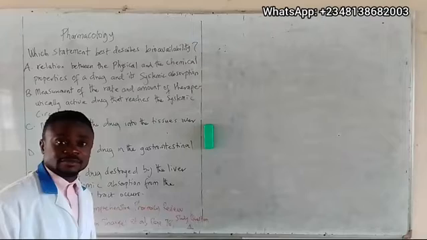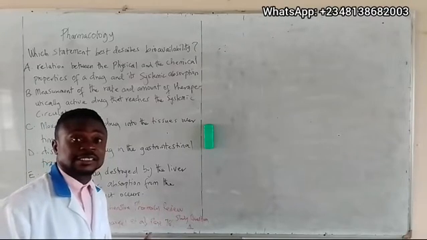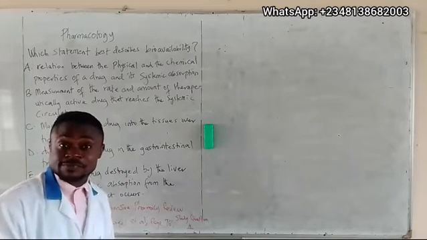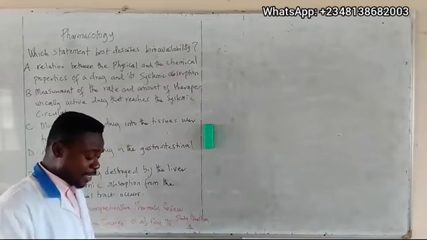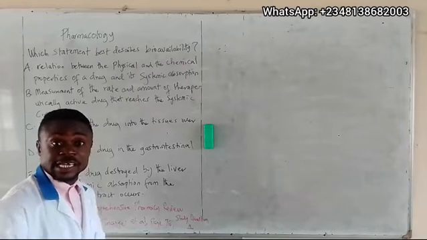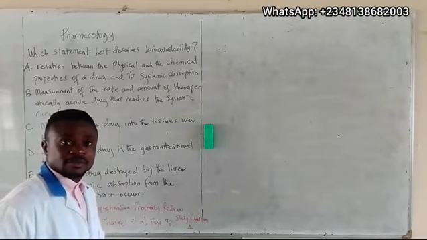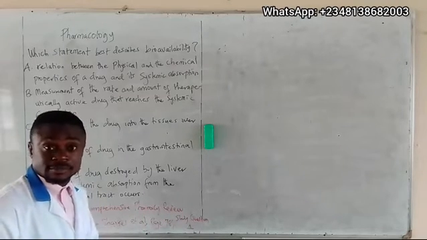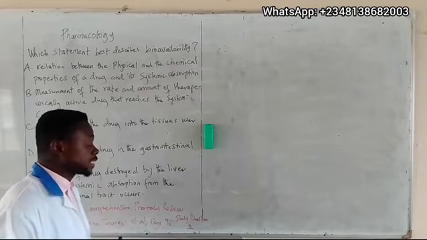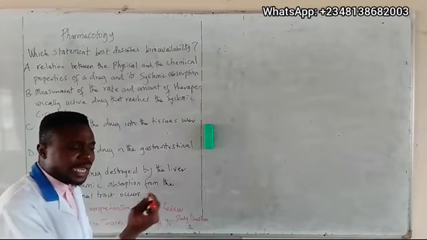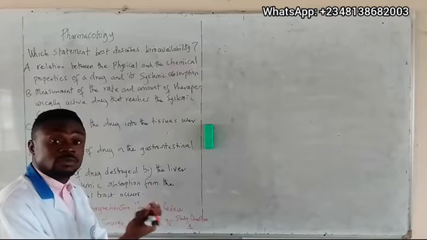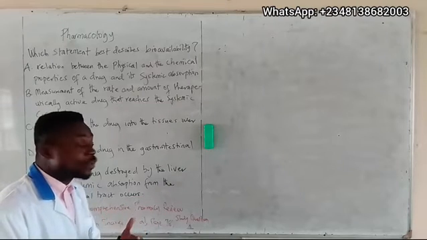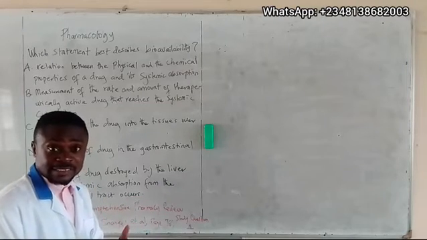Systemic circulation. You know, a drug, a medicine, a dosage form, has the active ingredient and the inactive ingredient or the excipient. Now, when this drug is taken orally, it's not the whole dosage form that will eventually exert effect.